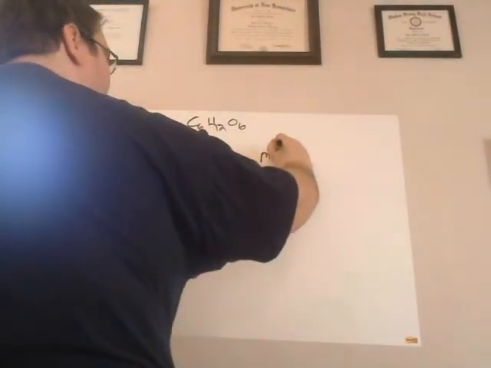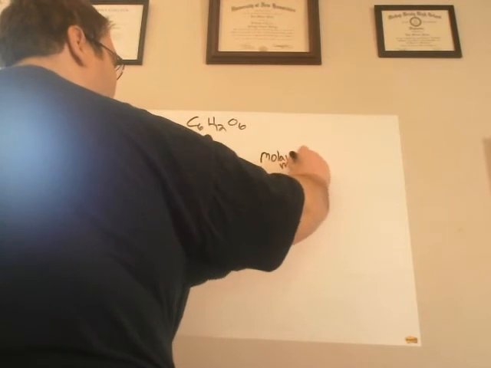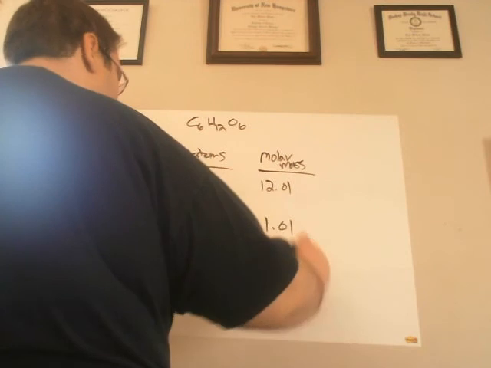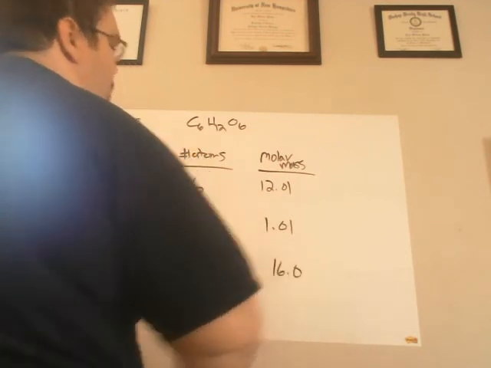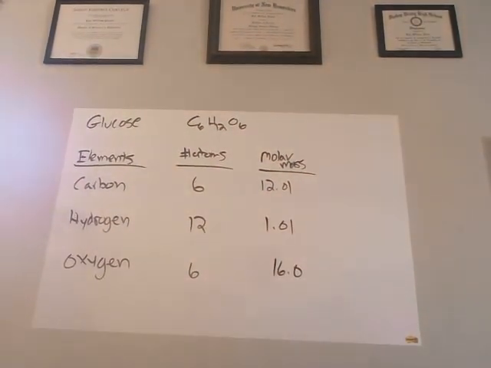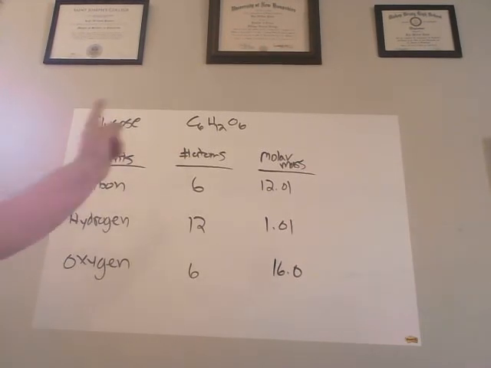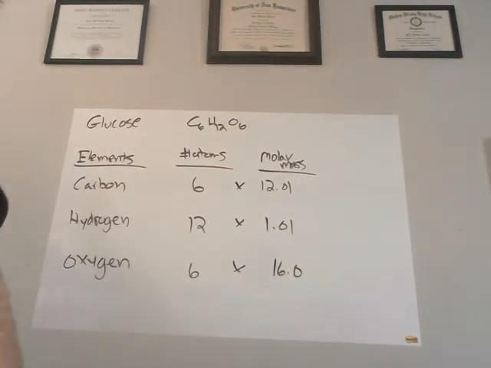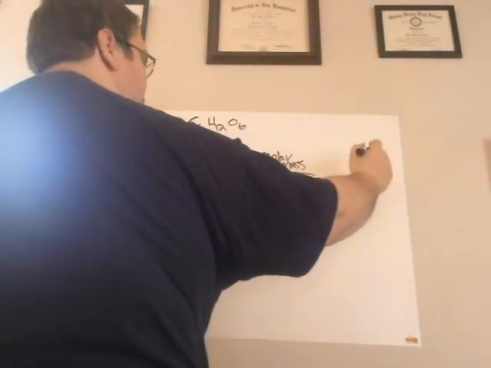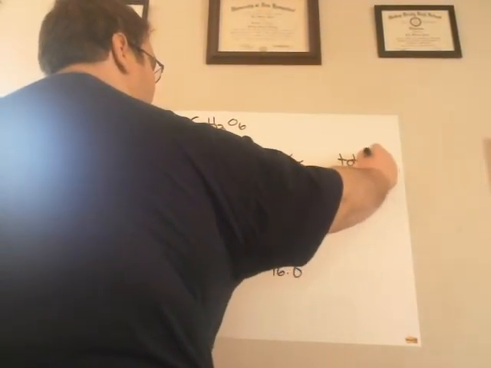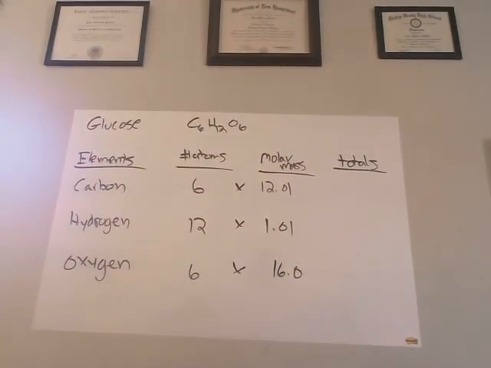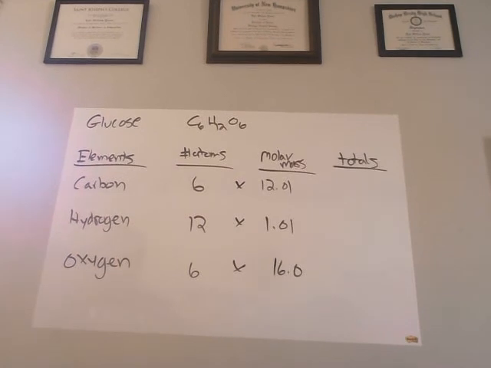The molar mass. Carbon is 12.01, hydrogen is 1.01, oxygen is 16.0. So now we multiply our number of atoms times our molar mass. And that's going to give us our total. So, I'm going to grab a calculator to do this. You can absolutely use a calculator for this. In fact, I encourage it.